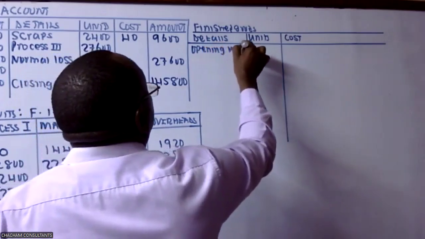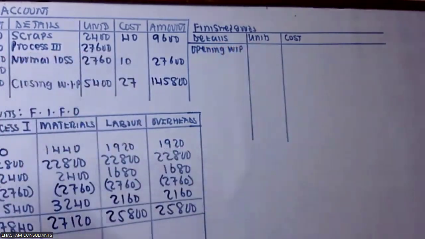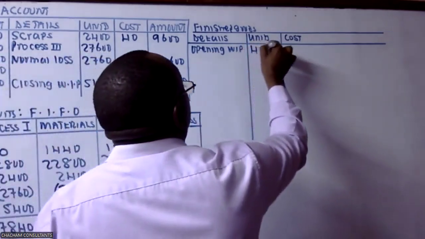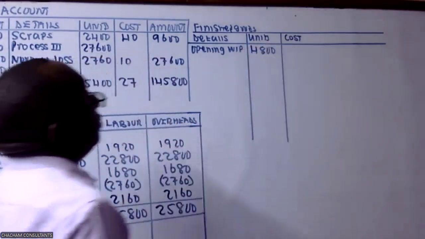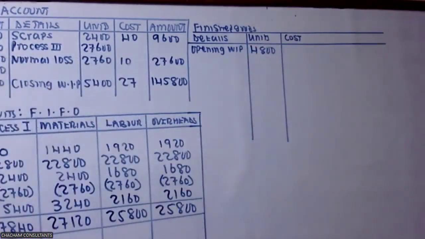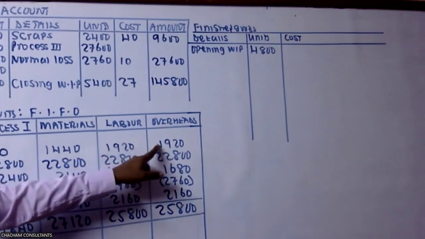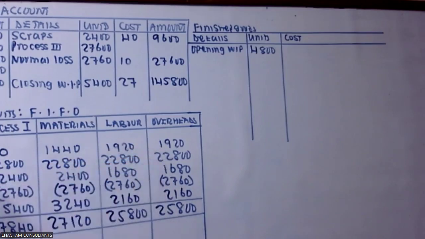For the opening work in progress, the units were 4,800. So for their costs, you take these units and multiply them with the unit costs we had here.